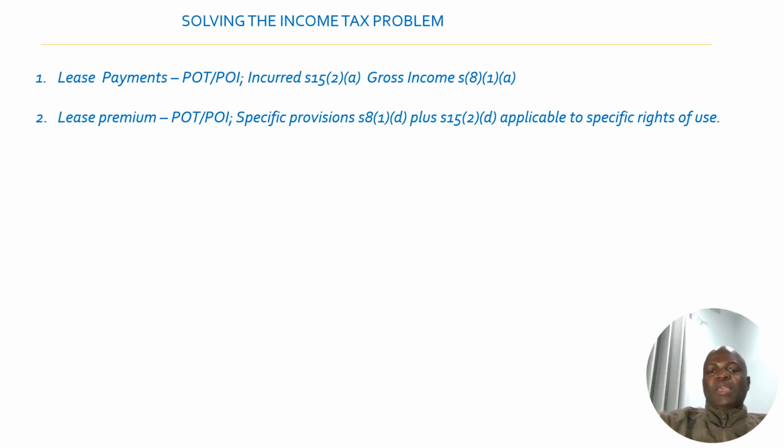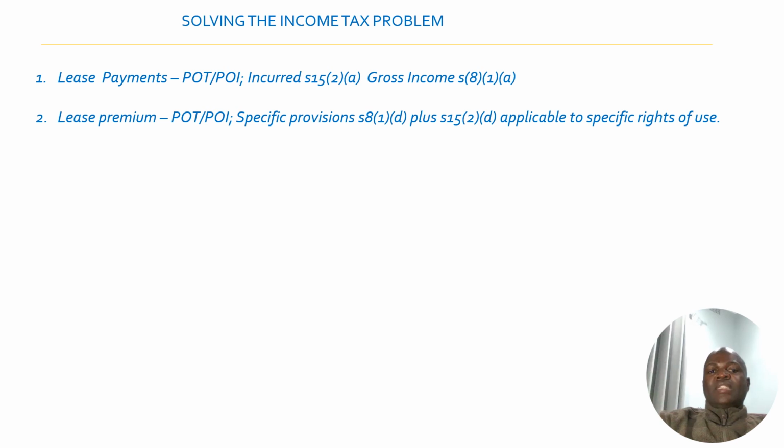But where it is a prepayment that has been made by a customer, you would obviously have to include in gross income the premium that is attributable to the tax year concerned.